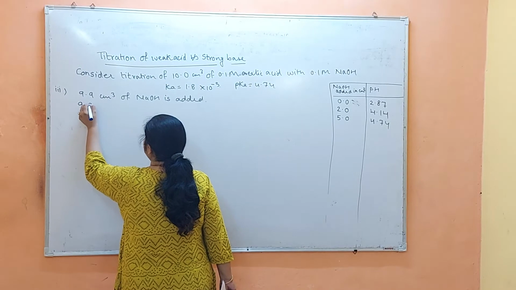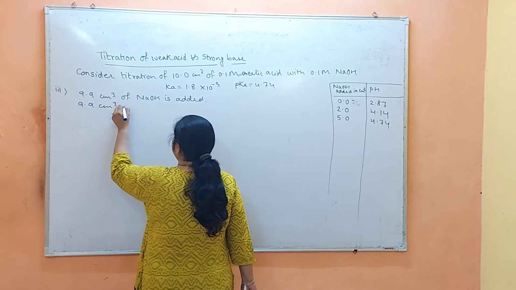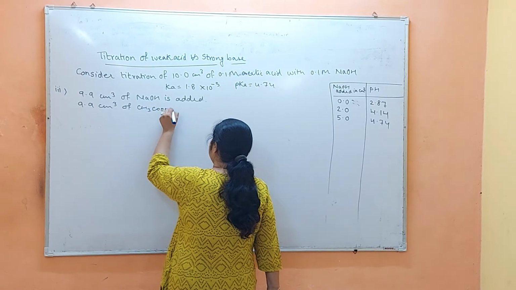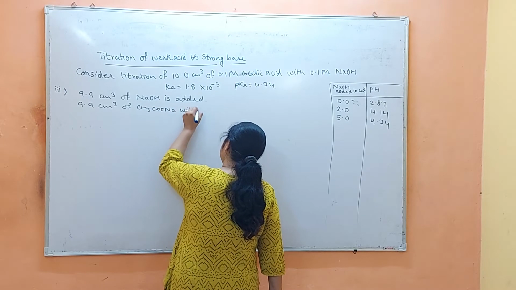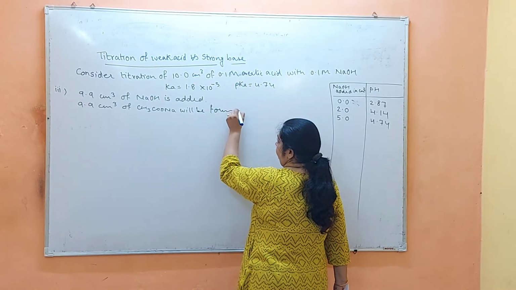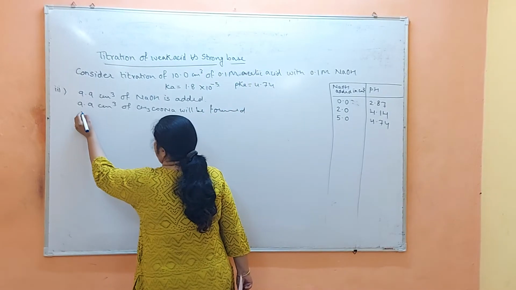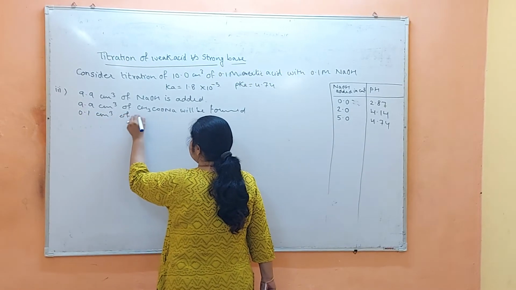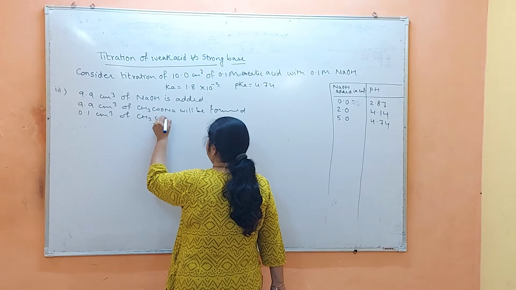So 9.9 cm cube of sodium acetate will be formed, and 0.1 cm cube of acetic acid will remain unneutralized.